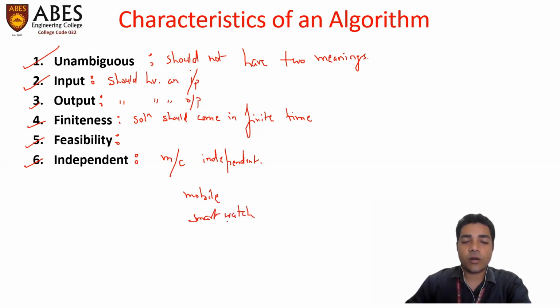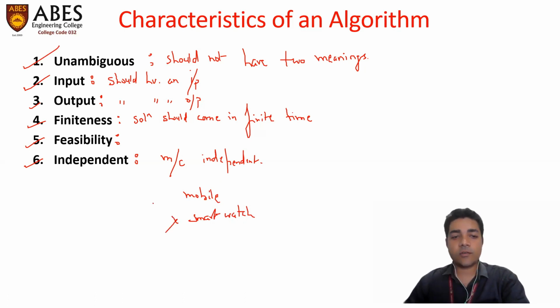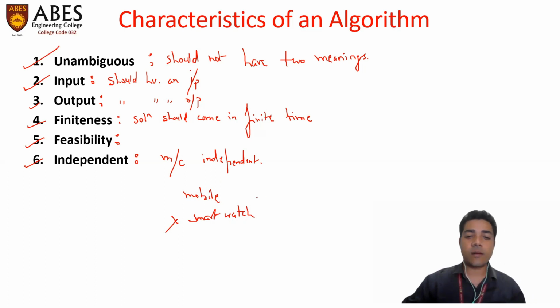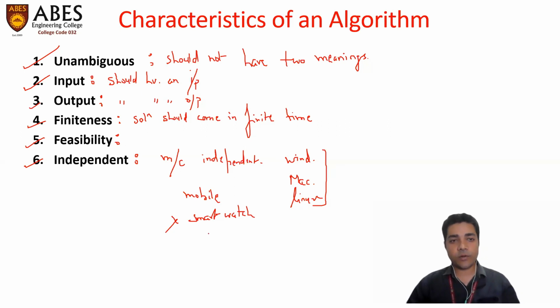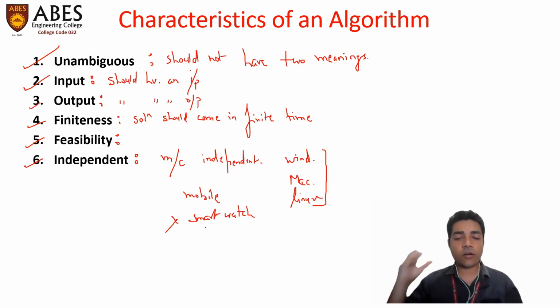Okay, so it is not like it cannot go on a smartwatch. Or a more basic example, if an application is running on Windows, then that application should be made for all the machines. For Mac also it should run. For Linux also it should run. So we have to make the application for all the machines. It should be independent. So the algorithm should be independent of the machine.